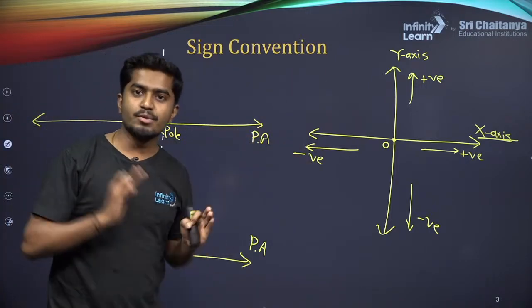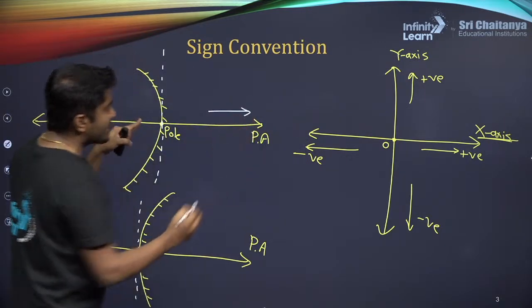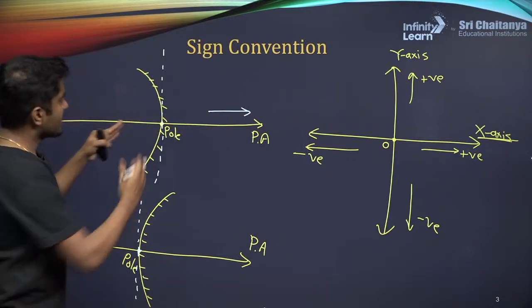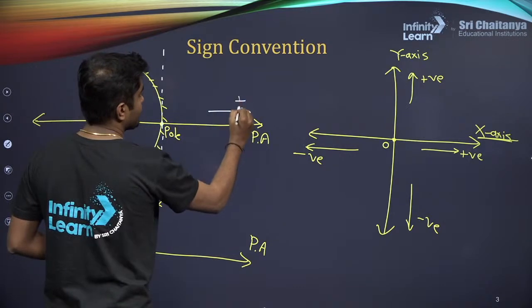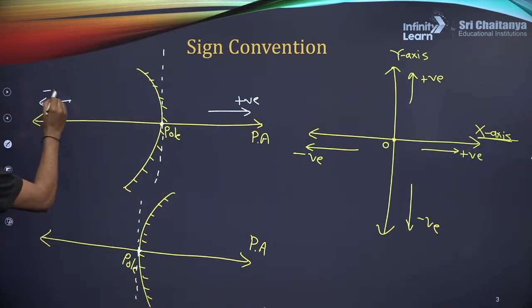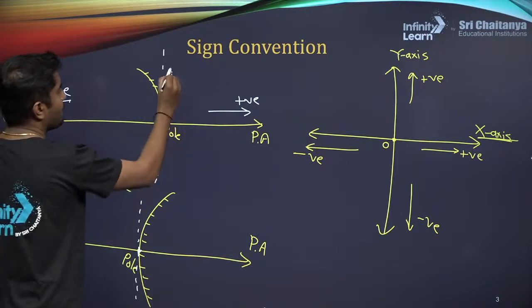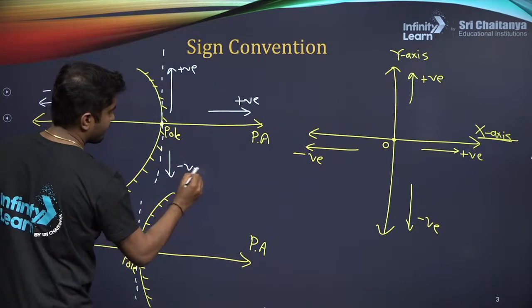Again, use the same rules. So what are the rules? Go to the positive direction, that is right of the pole. So this is positive. If you go to the left of the pole, it is negative. If you go up, positive. If you go down, negative.